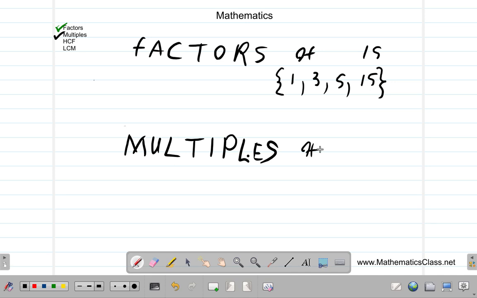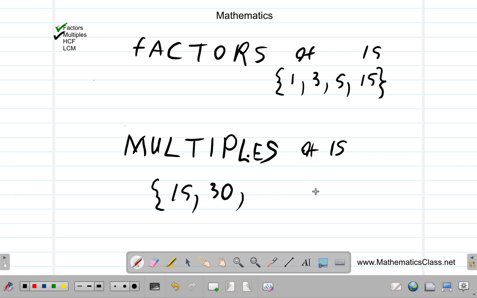Multiples of 15 now. What are they? Now, 15 is the first one. Next, 30 is the second one. Why? You can multiply 15 by 2 to get 30.